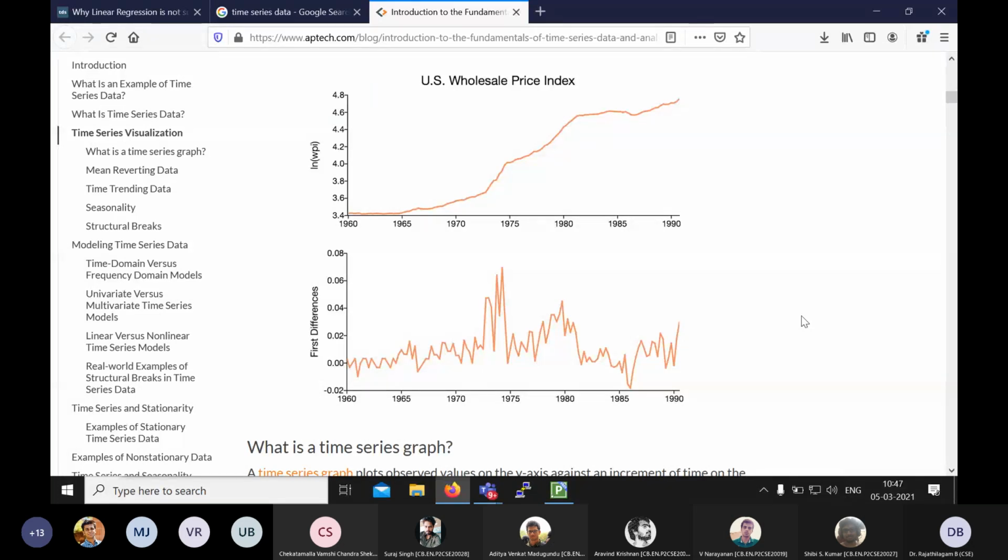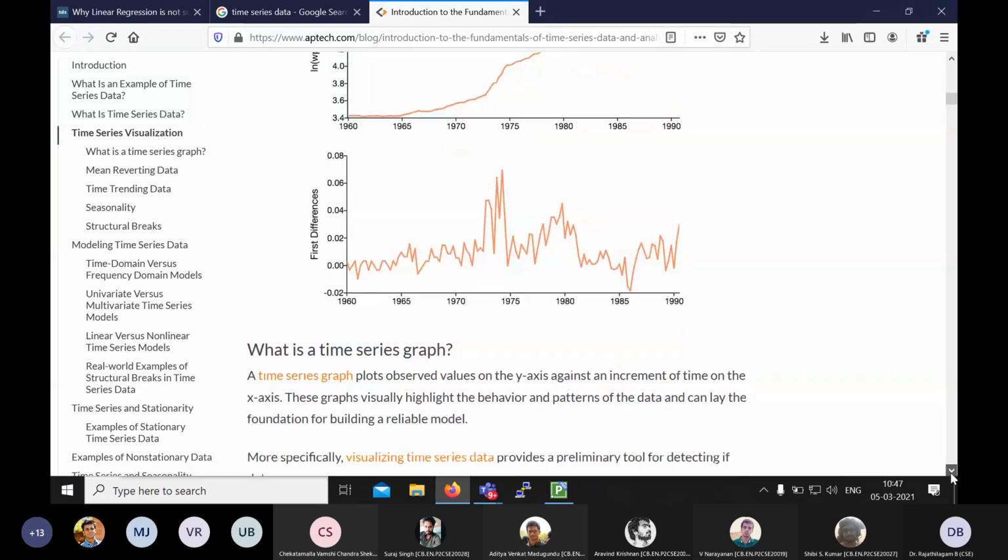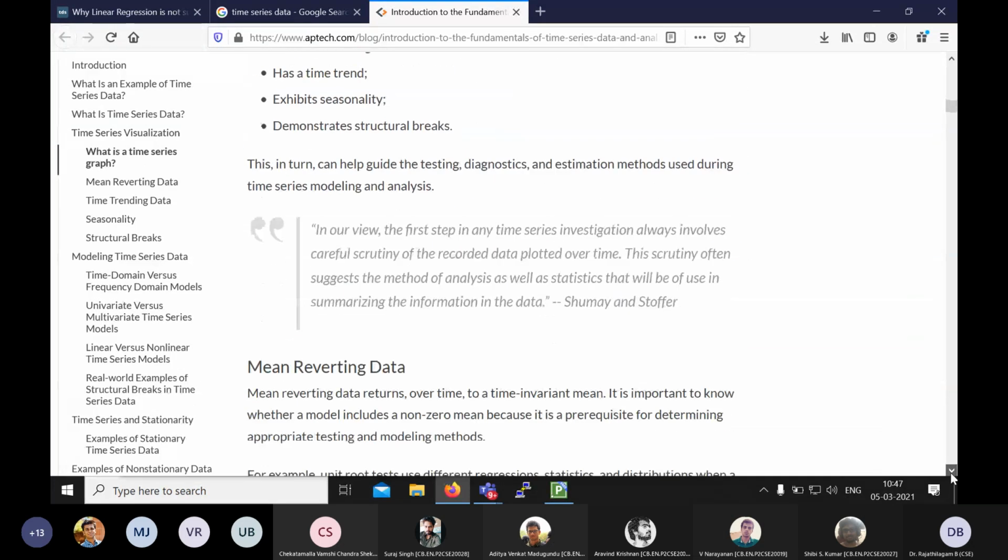It is more suitable for a global trend, not for a local trend, unless the local trends are also very similar. Most of the time that is not the case. The local trends are really fluctuating, really changing. So for such things, a regression model will definitely not be able to capture all the changes in the trend.